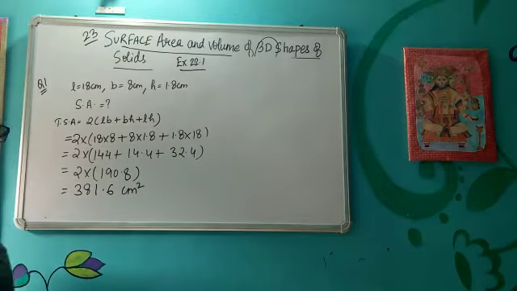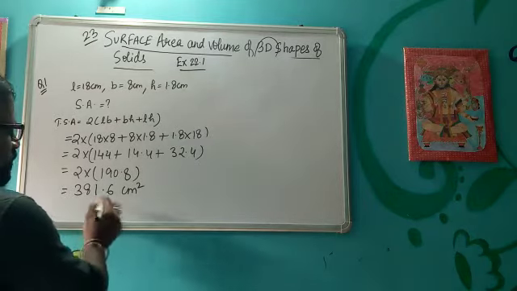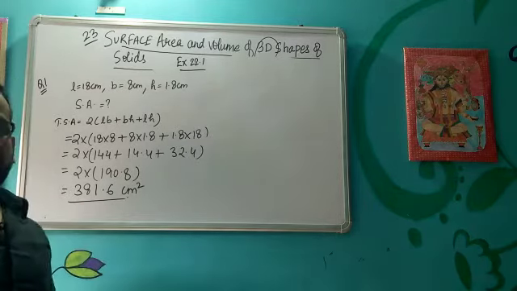We simply use the formula, put the values, and after the calculation we got the result as 381.6 centimeter square.